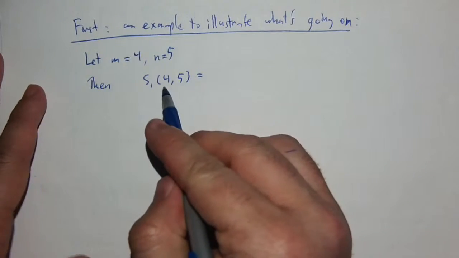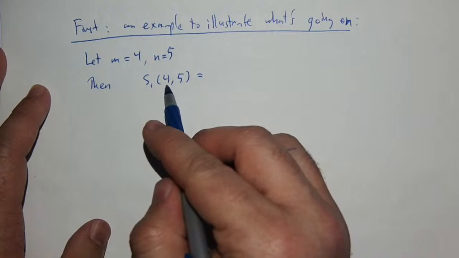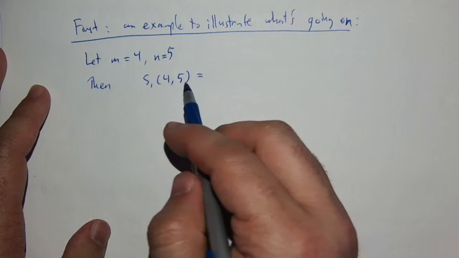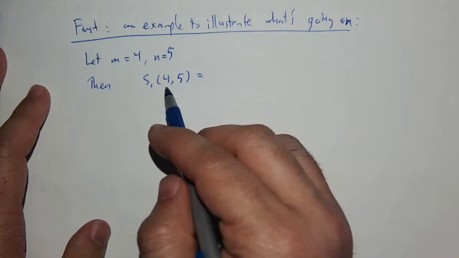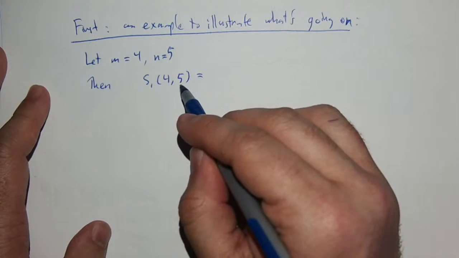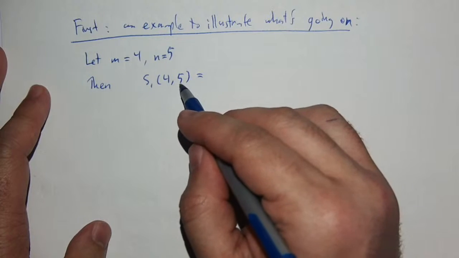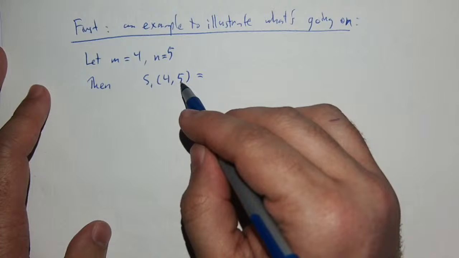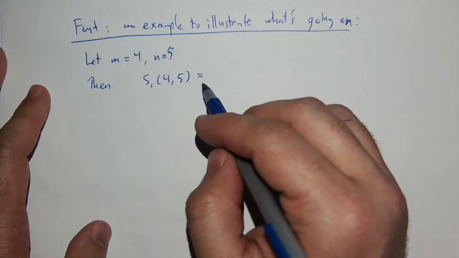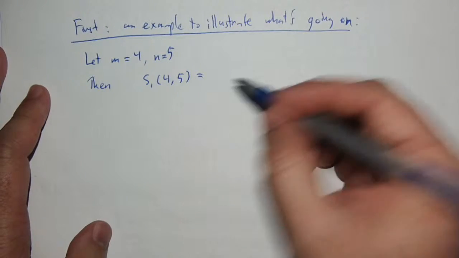Anything in my first slot is going to be an integer between 1 and 4 that is relatively prime to 4. Well, 2 and 4 are not relatively prime to 4, so the only other possibilities are 1 and 3. 5 is prime, though, so in my second slot I have integers between 1 and 5 relatively prime to 5, so everything except 5. So 1, 2, 3, or 4 is allowed. Another way of writing this is the set of ordered pairs (A, B) such that A is either 1 or 3 and B is 1, 2, 3, or 4.